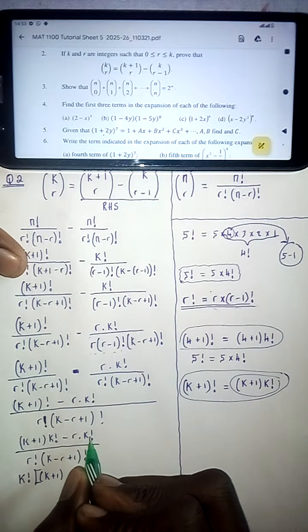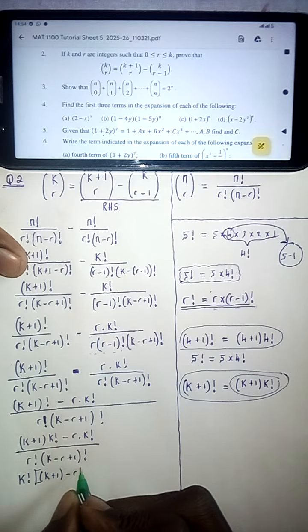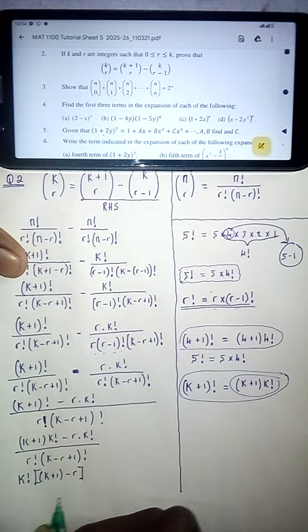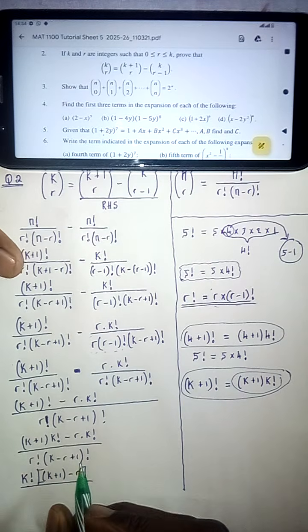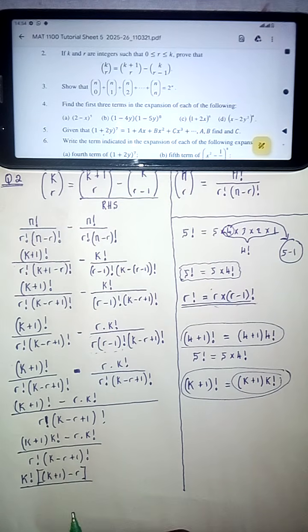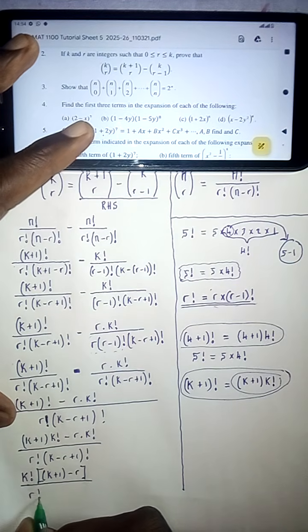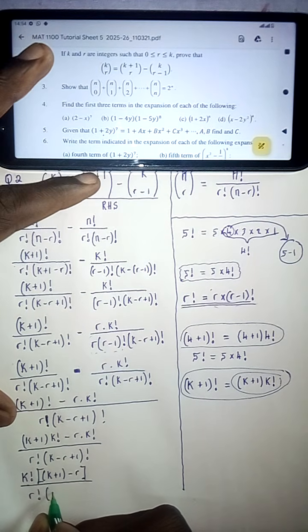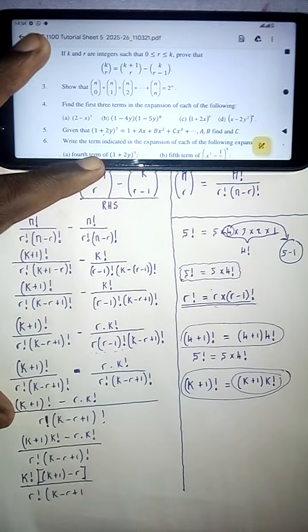When we remove this, we're going to remain with r, in this case negative r. What about for this part? Well, for this part, we're going to have k minus r plus 1.